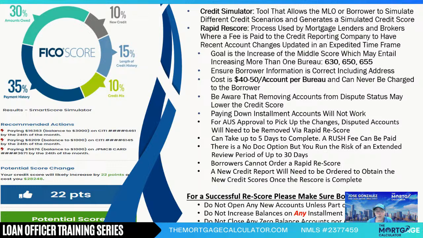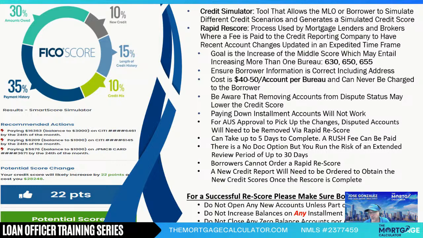Now, it's very important to note that borrowers can never order a rapid rescore. That can only be ordered by the broker or the lender, but never the borrower. And a very important point here: when you order the rescore, they will build in a cost for the additional or the new credit report that needs to be ordered at the end, so that you will receive the updated scores.